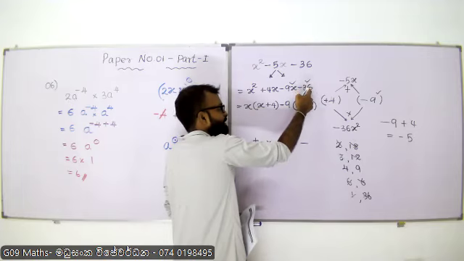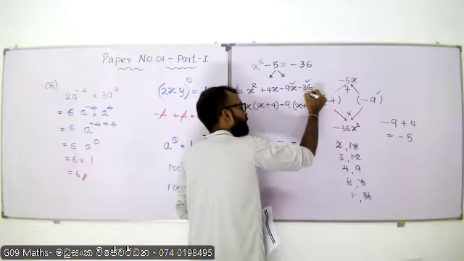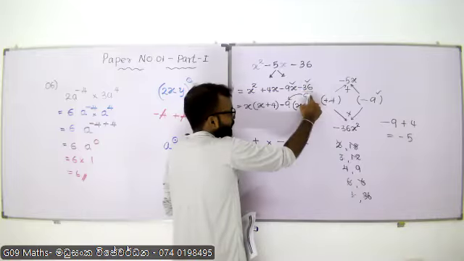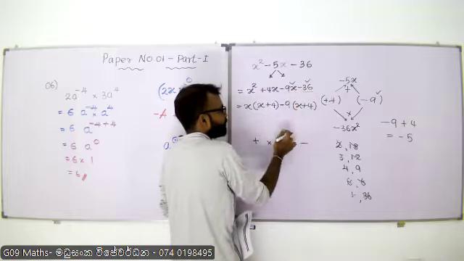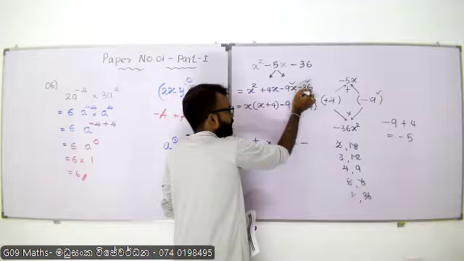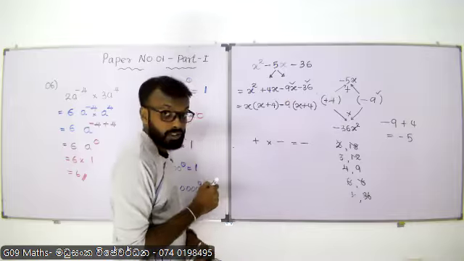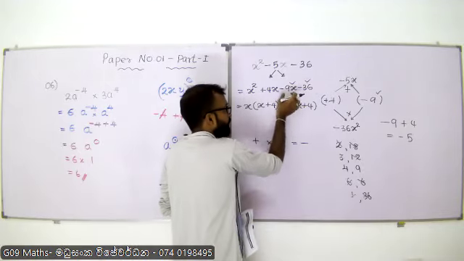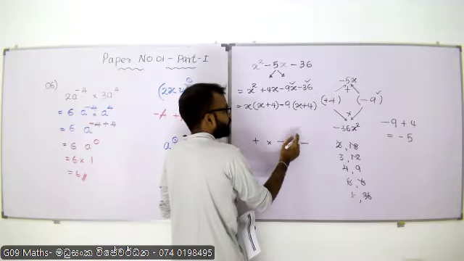If I take 9 out from 36, that means I divide 36 by 9, which is 4. So this negative term becomes positive, because we have taken the negative sign out. That is sign conversion. It automatically becomes positive here.